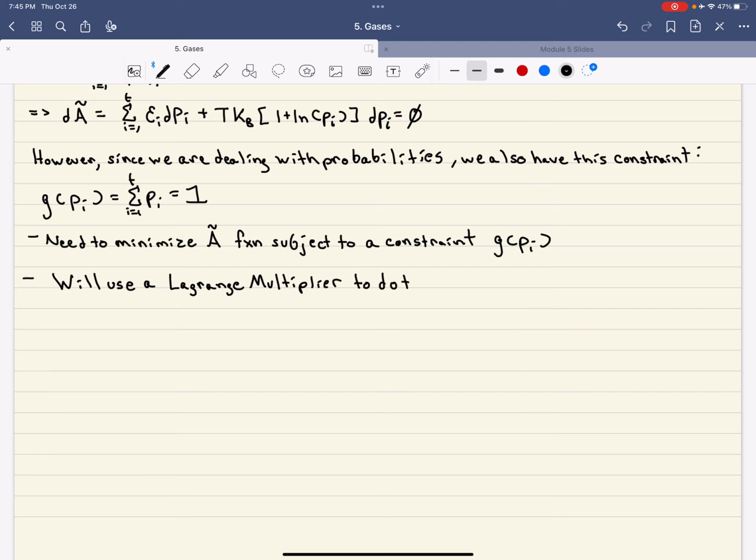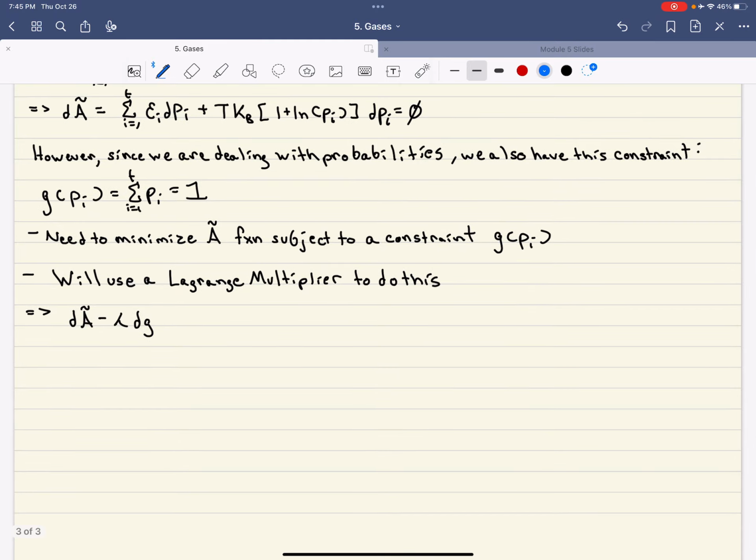Essentially, for the Lagrange multiplier, we have to write an equation in this format, where this lambda is the Lagrange multiplier. That's the constant that we need to figure out.